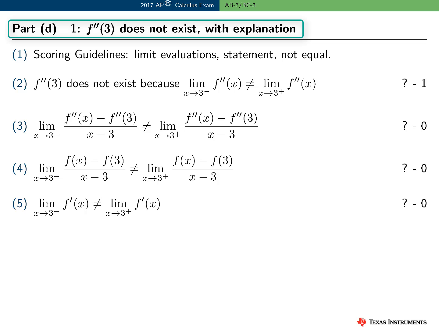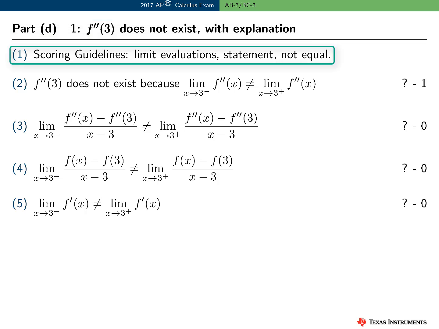The student had to show that f double prime of 3 does not exist, and they had to provide an appropriate explanation. I just want to remind you that the scoring guidelines show the correct analytical method to answer this question. We need to consider two one-sided limits and show that those values are unequal.